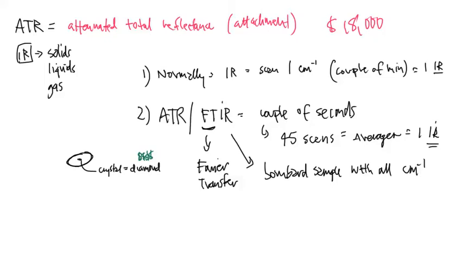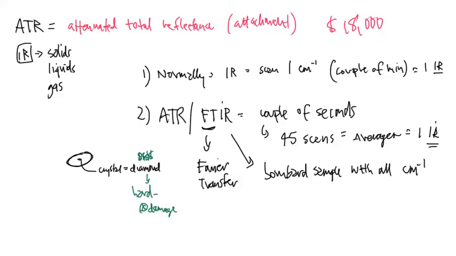Now, the reason that the diamond is probably preferred over all of the other types of crystals that they can put in here is that a diamond is very hard. It's one of the hardest substances known, and it's very hard to damage the diamond. So this thing's life expectancy is going to be years and years as long as you're handling it the proper way.